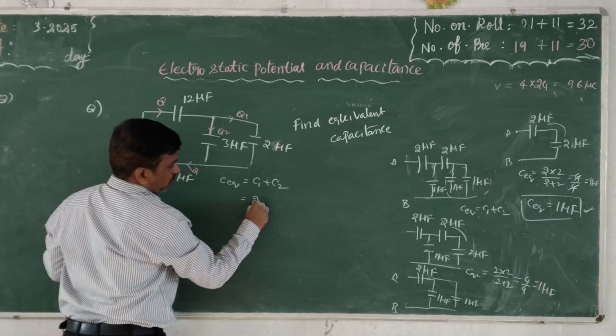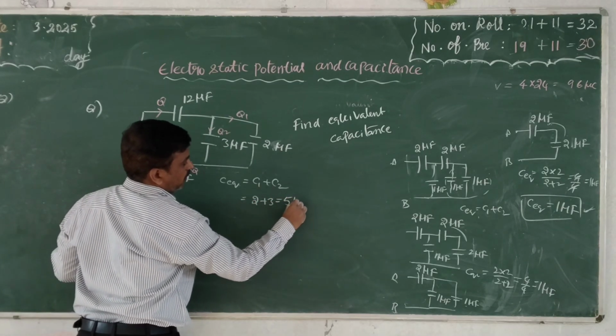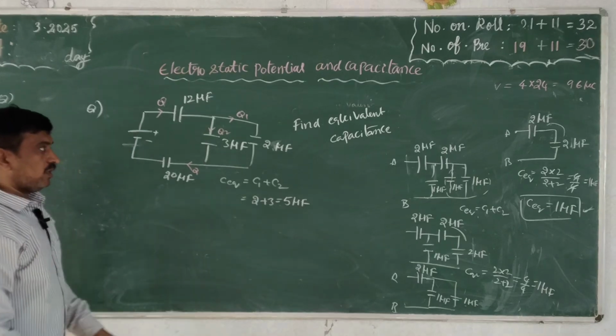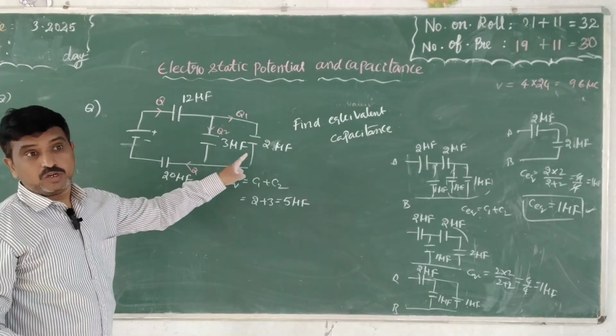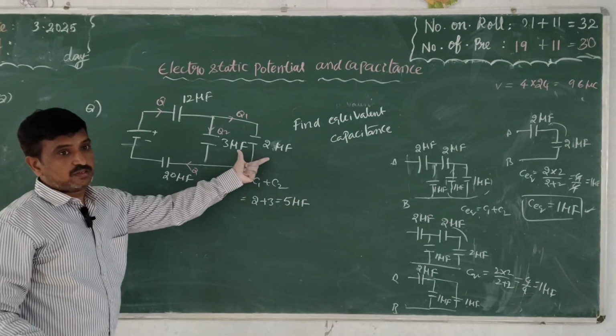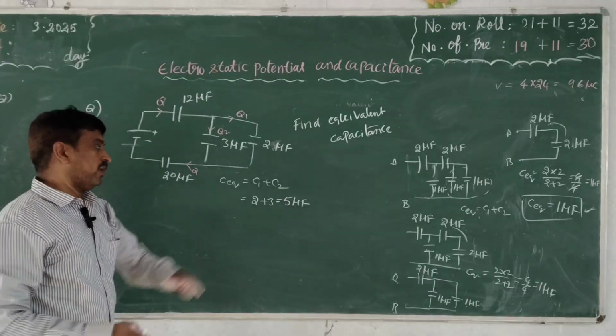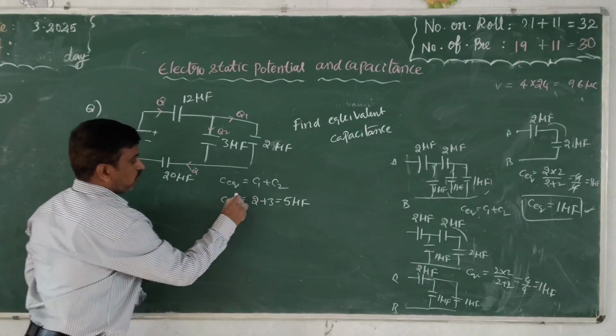What we get is 2 plus 3, 5 microfarads. Different charges, so they are in parallel combination, just added C1 plus C2. C equivalent equals 5 microfarads.